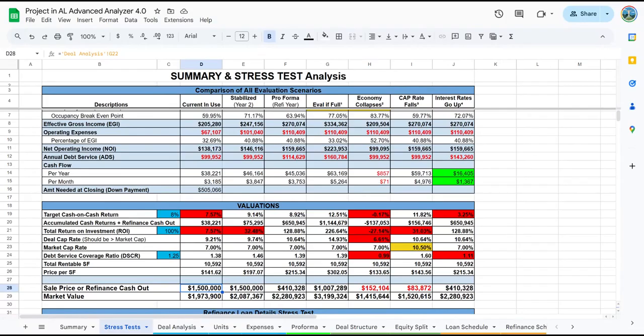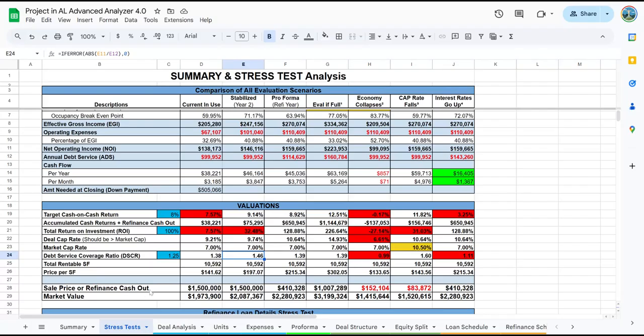So the higher the deal cap rate, the better the deal that you got. And then our debt service coverage ratio, that is for the banks. Now, the banks usually are wanting a 1.25 value to make sure that you have enough cushion to cover your annual debt service.